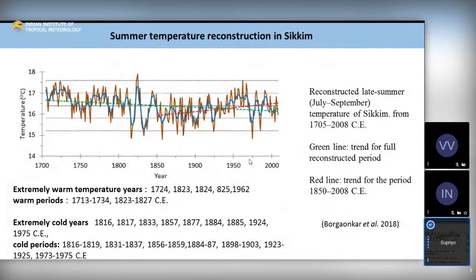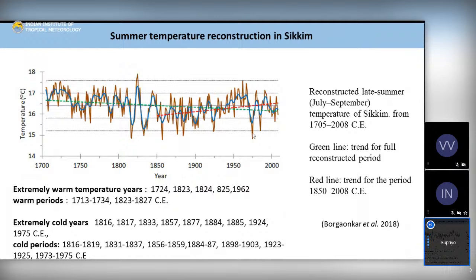This is another example of temperature reconstruction based on tree rings collected from the Sikkim region. Several rings have been analyzed and an index has been prepared, which has been used to reconstruct the temperature of this region. This record spans approximately the last 300 years, and over this time span the temperature has shown a declining trend, which is evident in this green line.